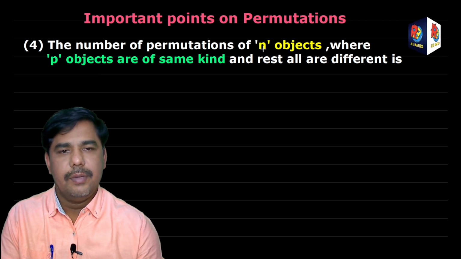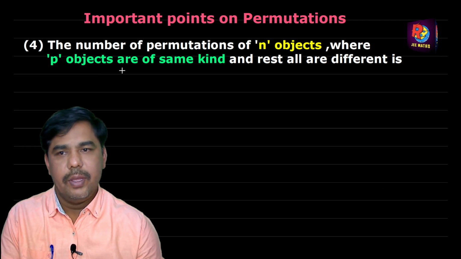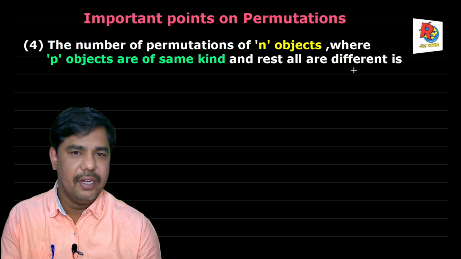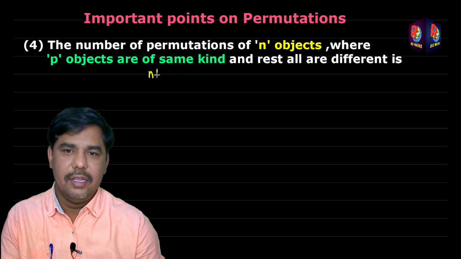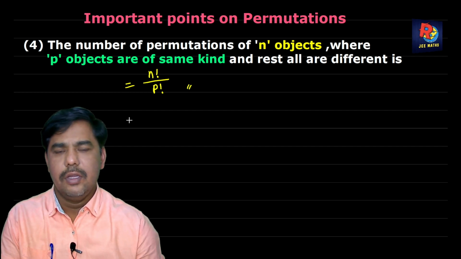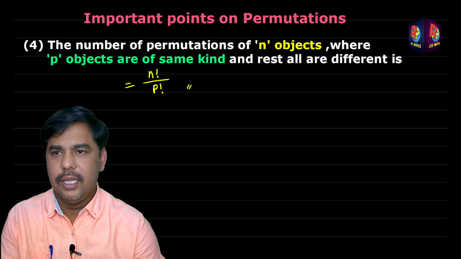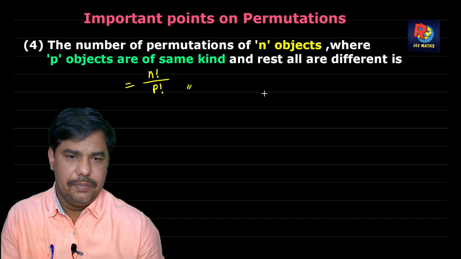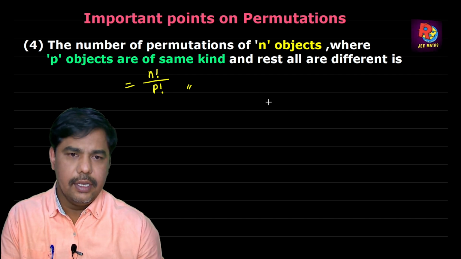The number of permutations of n objects where p objects are of the same kind and the rest are all different is n factorial by p factorial. Observe here, I will give one example. You can take, I can take RAVANA.